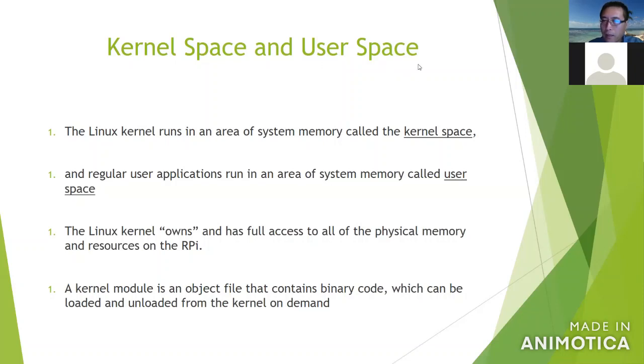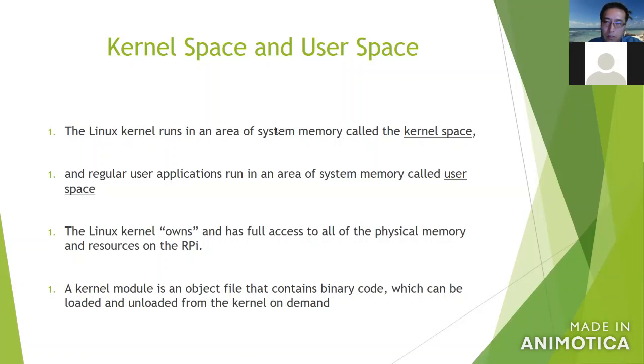That means, as a user, our programs, our data, they are all saved in that area. Okay, and for the kernel space, the Linux kernel actually runs in an area of system memory called the kernel space.